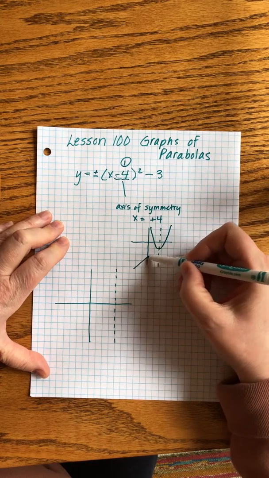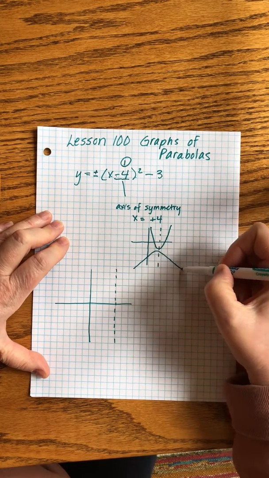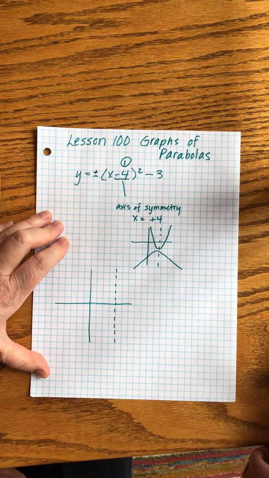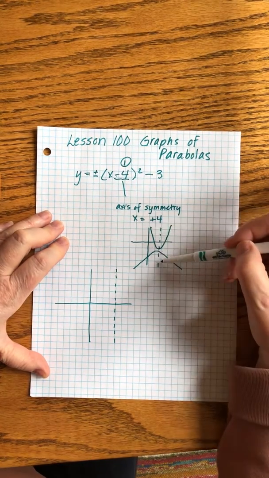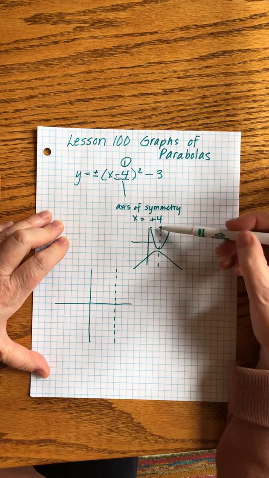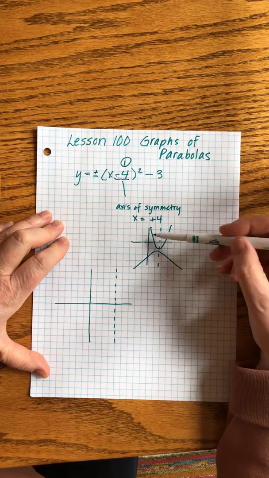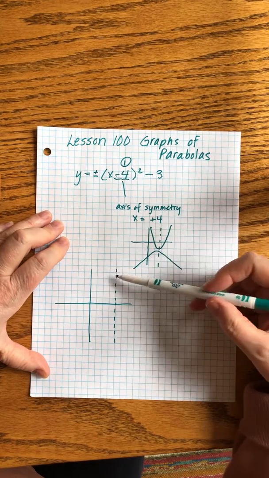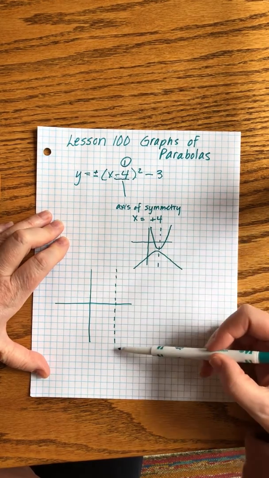They might be fatter, they might be skinnier. That one's not as perfect. But this axis of symmetry will always go right through the middle of our parabola. So that's what's really useful about it, it's kind of like the mirror where we image the matching halves. Okay, so that's always the first thing we graph, is the axis of symmetry with a dotted line.